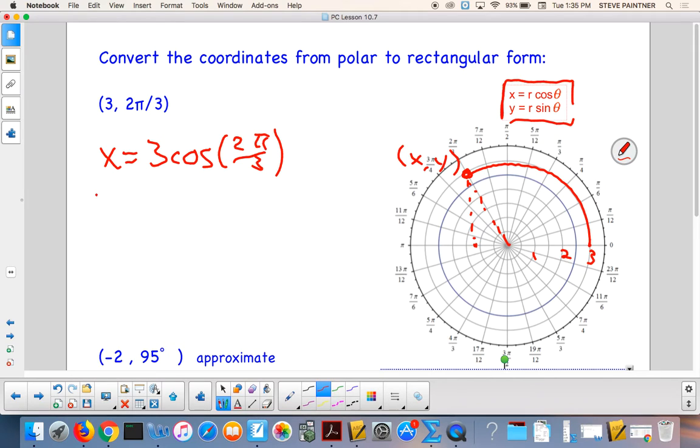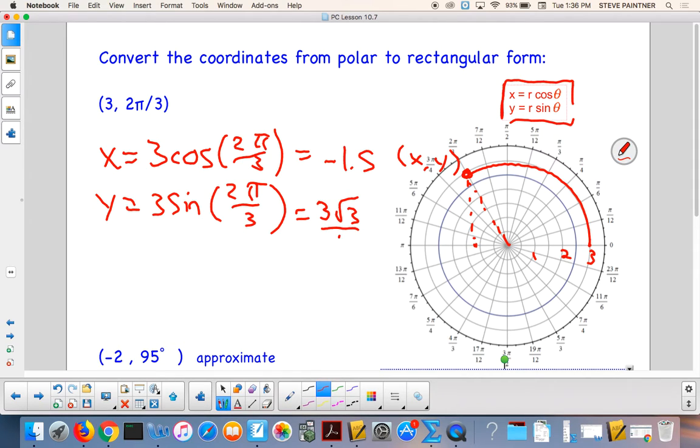Okay, yeah. And y is equal to 3 sine 2 pi over 3? And for that first one, Chloe, you said you got negative 1.5. What about for that second one? 3 squared to 3 over 2? Or 2.6?